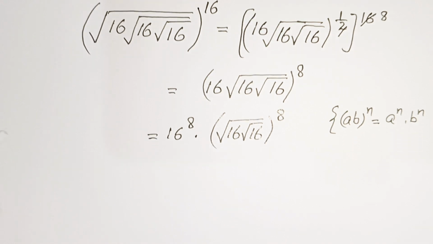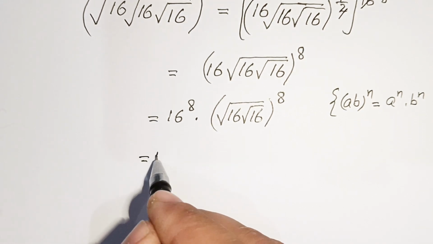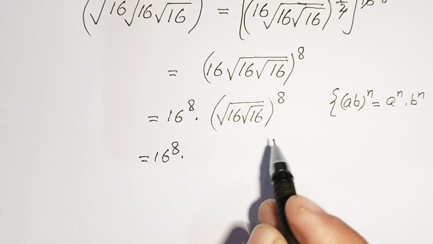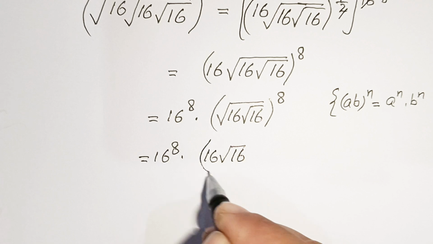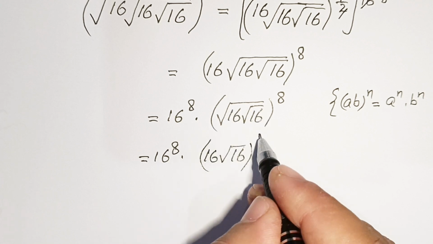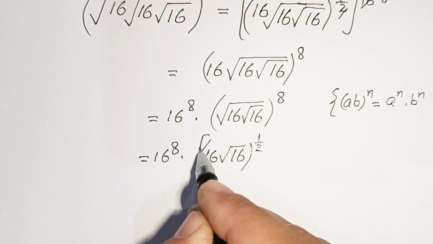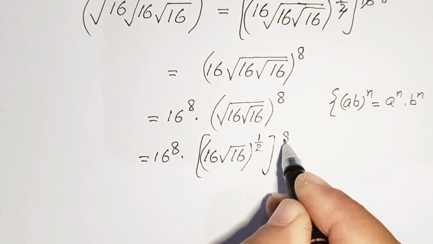Now 16 to the power 8 times 16 times square root of 16 whole to the power, the value of this square root is 1 over 2 and whole to the power is 8.